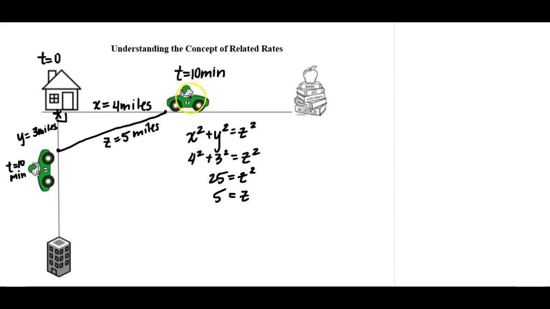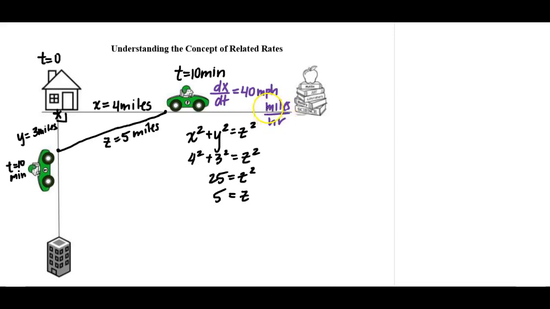So if right at 10 minutes we looked at the speedometer and you were going 40 miles per hour, what that would translate to mathematically, and I'm going to change colors here, is that at this moment in time, you were traveling at a rate, so since this distance is x, the rate at which x is changing, the distance from the house right at this moment, dx/dt, is, we said, 40 miles per hour. Or miles per hour could be thought of as miles over 1 hour.